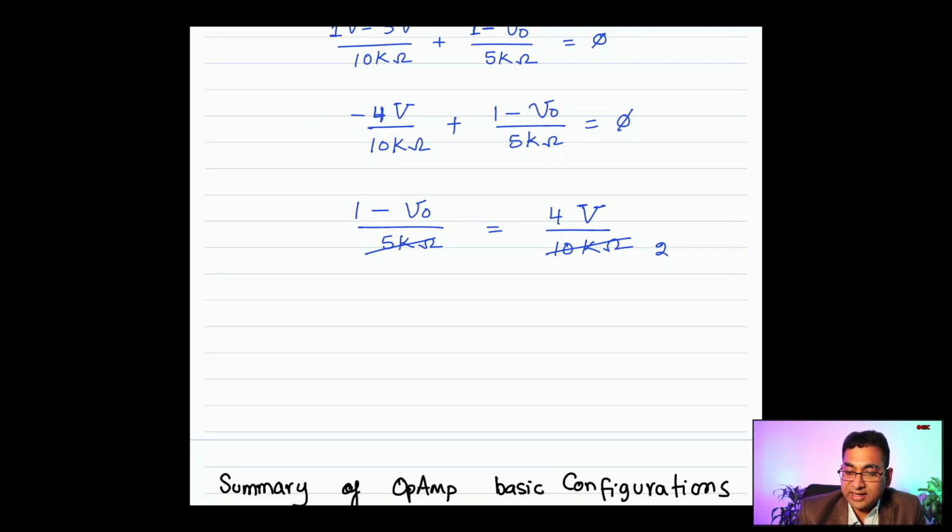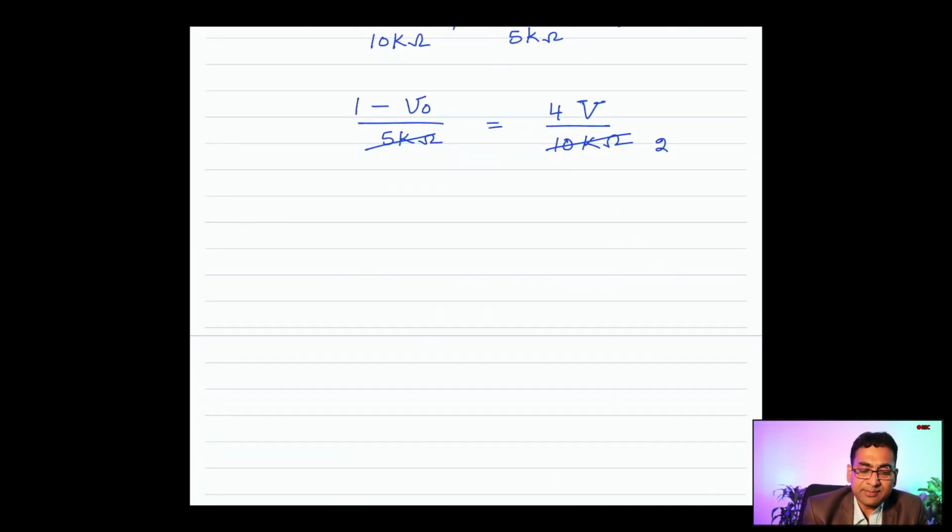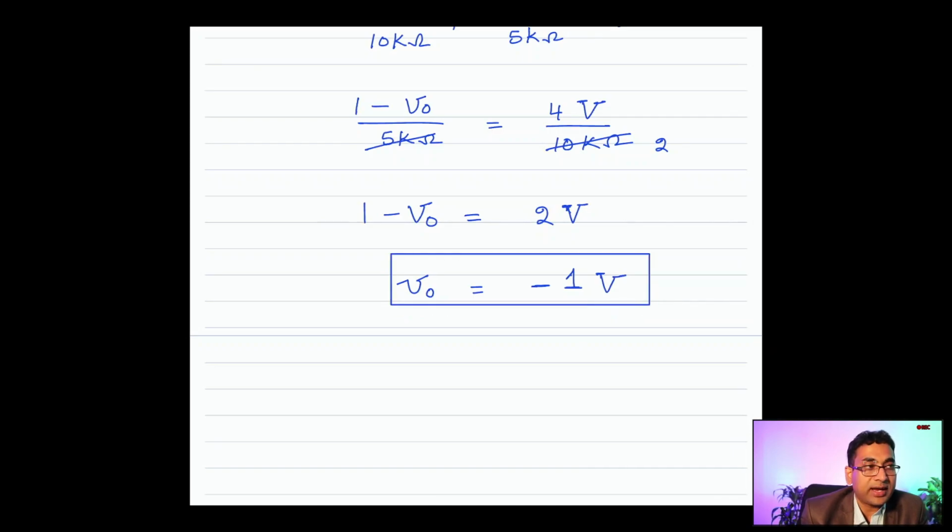So this is simple straightforward math from here. 1 minus Vo equals 2 volts. Therefore, Vo equals negative 1 volt.